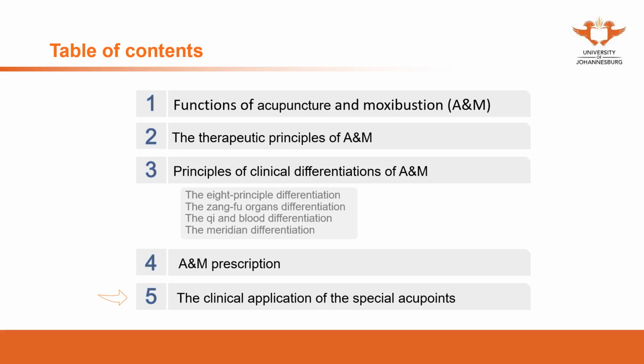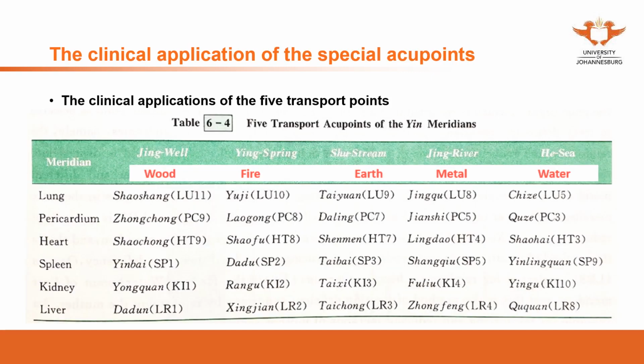Although they belong to the meridians, they also fall in different categories, such as the 5 Shu points, the back Shu points, the front Mu points, and the Xi-cleft points, etc. So how do we apply these different categories in your treatments? We're going to study that in this video.